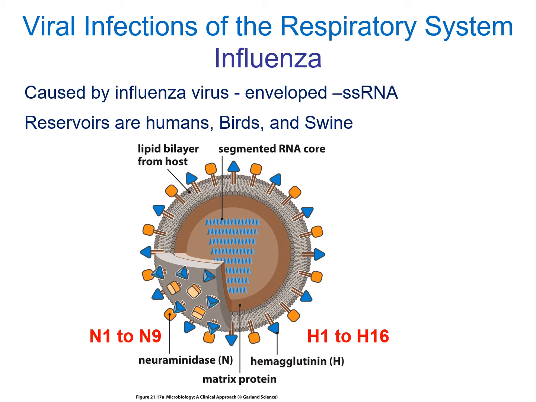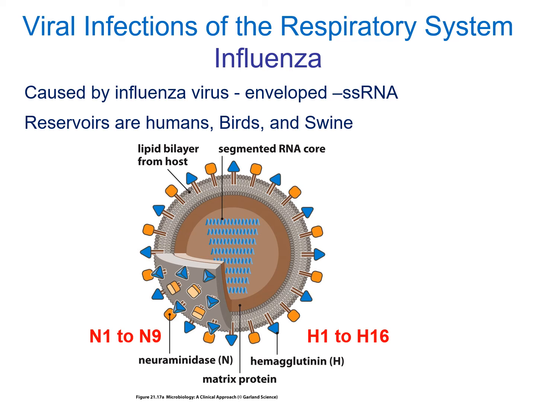So when we're identifying different groups of influenza, we refer to the type of protein that is present. So there's 9 different N proteins that have been identified and 16 different H proteins that have been identified. So for instance, H1N1 tells us that we have the first type of the H protein and the first type of the N protein.